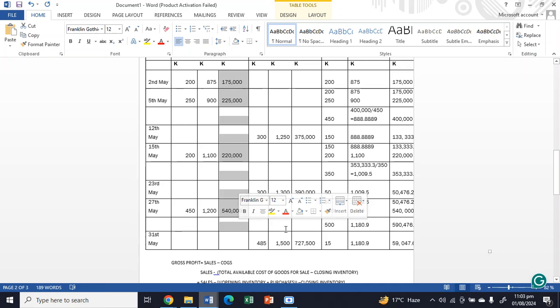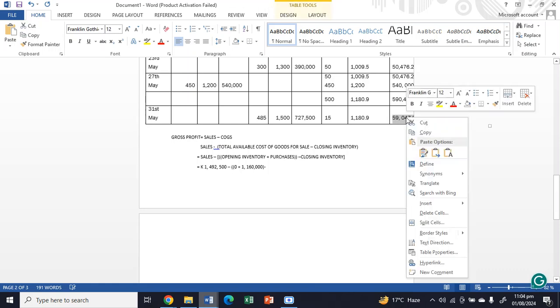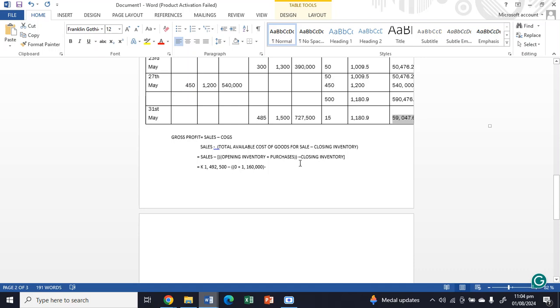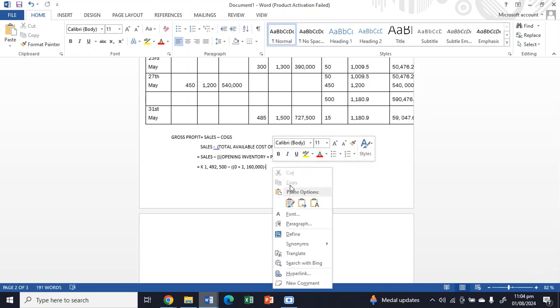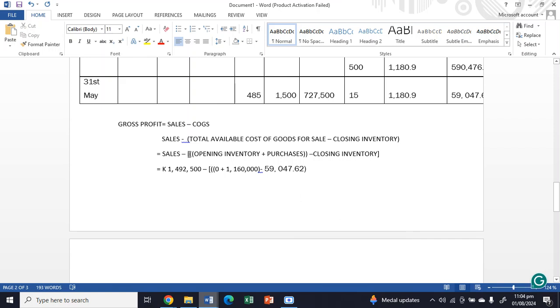You get 1,160,000, minus the closing inventory. Our closing inventory is this 59,047.62. And we can solve.